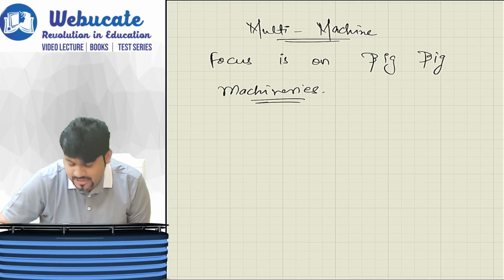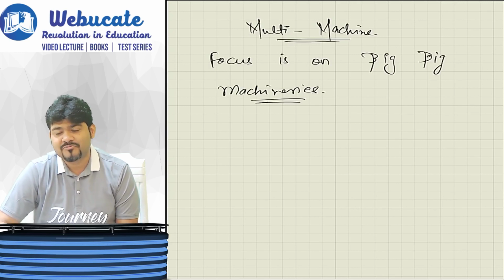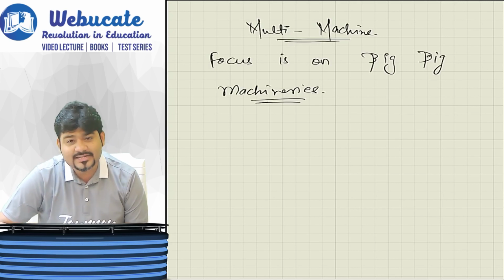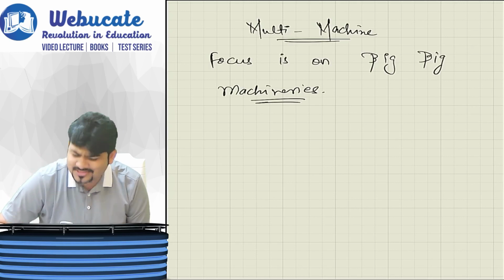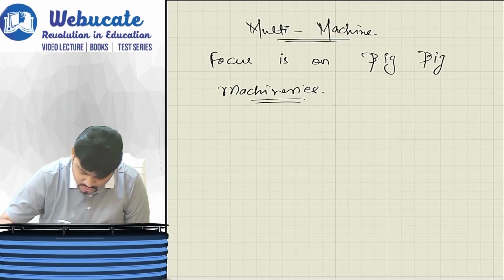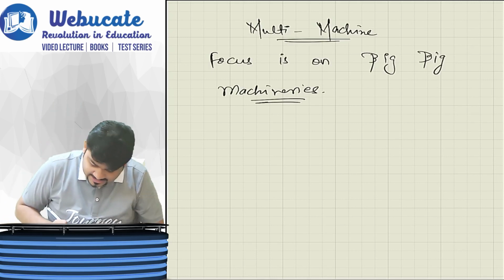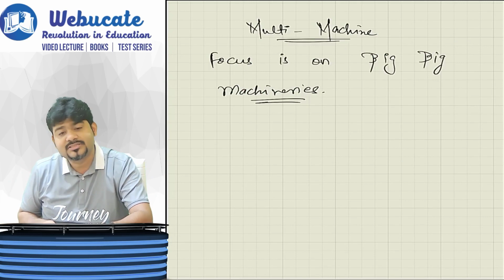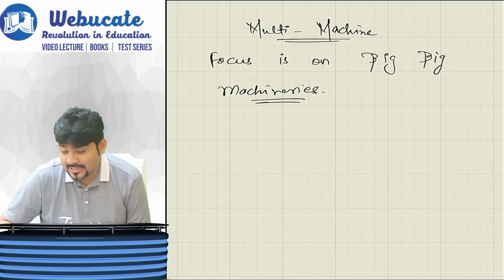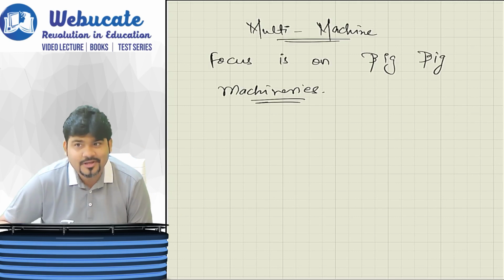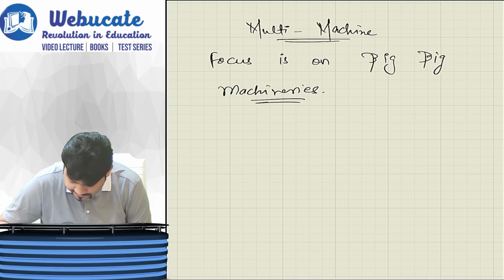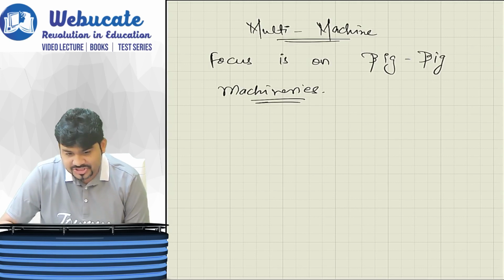So huge level of work that Tatas have done. Lifestyle brands, so many things. Chroma, which is into electronics, and FMCGs. As I told you, there's hardly anything left which they are not into. So the focus is on big machineries.